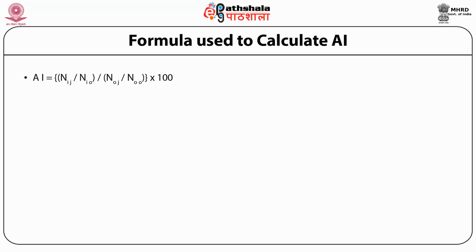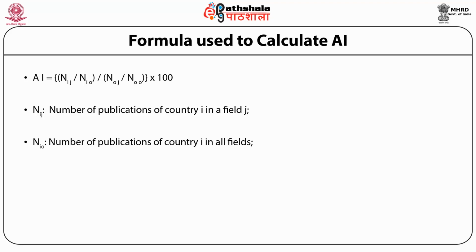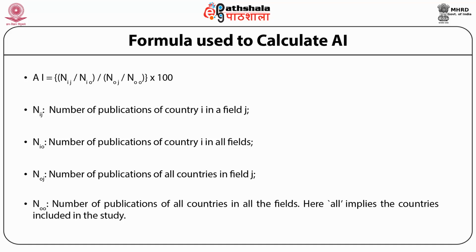Mathematically, AI is equal to {[Nij / Nio] / [N0j / N00]} × 100, where Nij denotes the number of publications of country i in field j, Nio denotes the number of publications of country i in all fields, N0j denotes the number of publications of all countries in field j, N00 denotes the number of publications of all countries in all the fields.